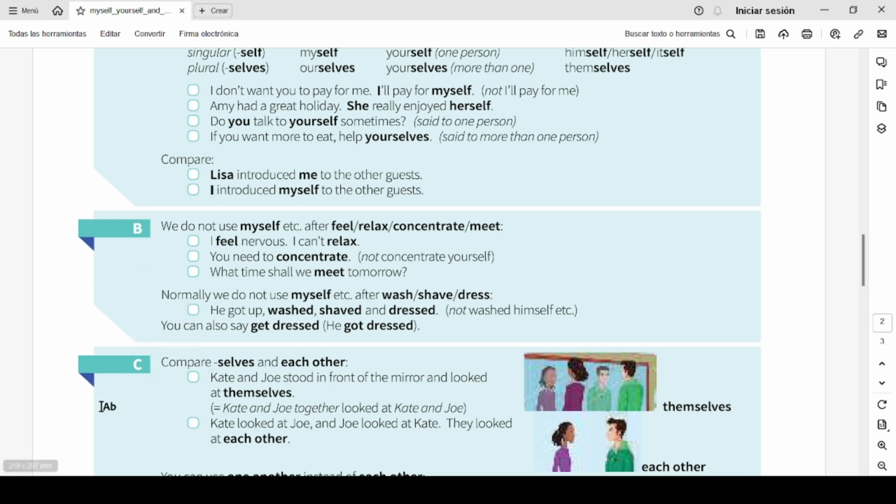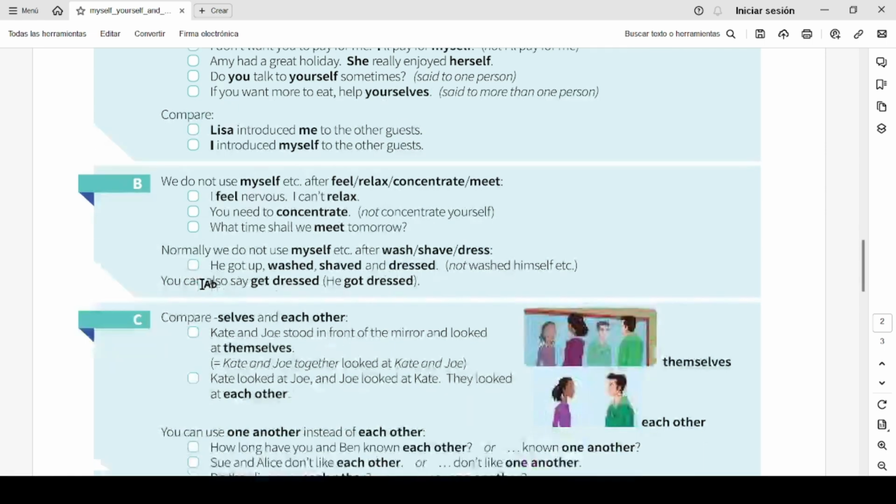You can also say get dressed or he got dressed, but it's more complementary to the verb dress, right? So in that case, check it out. After feel, relax, concentrate, meet, we don't use a reflexive pronoun.